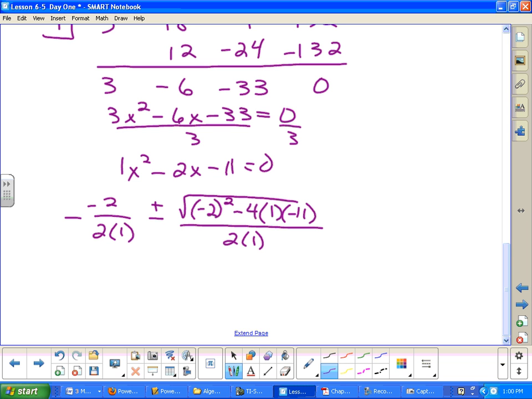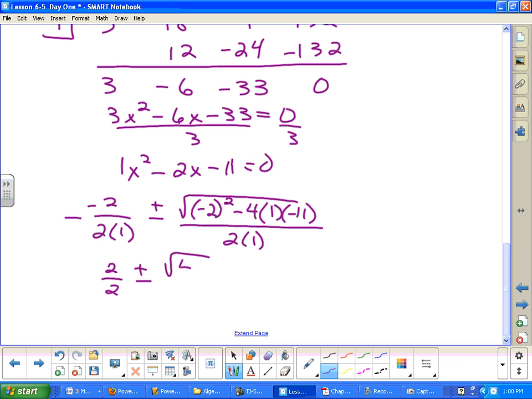All right, and then we're going to simplify it. So we get two negatives make a positive, right? So 2 over 2 plus or minus. And here we get 4 plus 44.